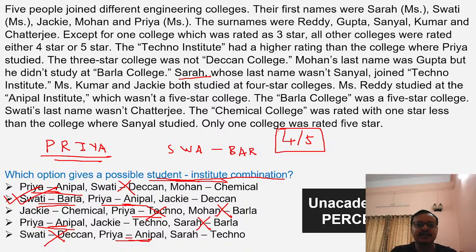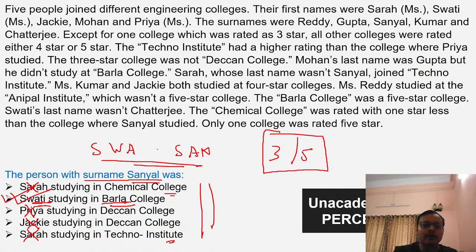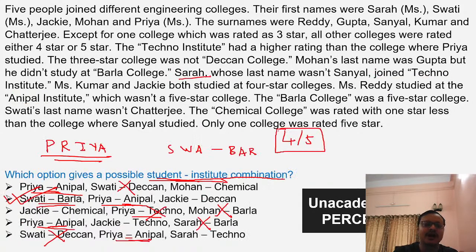Suddenly, in a set where you were nowhere close to solving, you ended up getting 1, 2, 3, 4 answers done out of 5. It's suddenly plus 12, and you've hardly spent 3-4 minutes of solving. All you're doing is utilizing one particular question's options to advantage to solve another particular question's options easily.